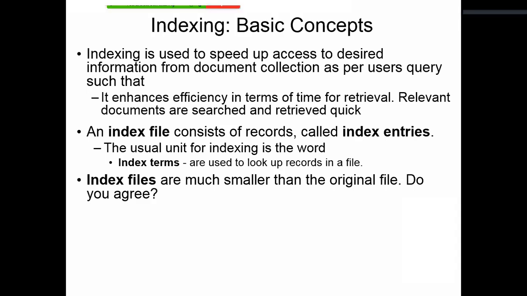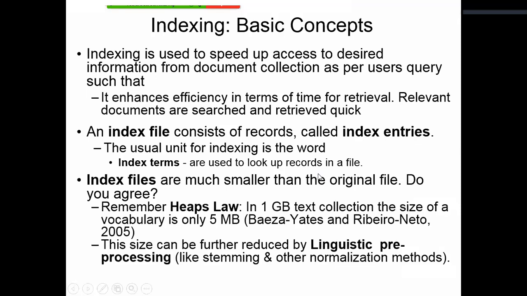If you identify those words, the index that we are constructing is minimal. And there is even a law called Heaps' law. After conducting experiments on English textual documents, they found that in a 1 GB text collection, there is only a 5 megabyte vocabulary, meaning distinct words.